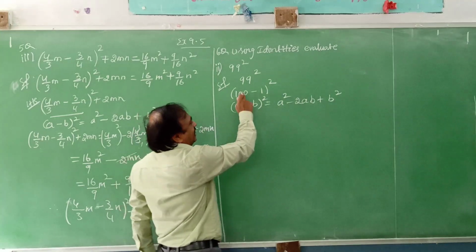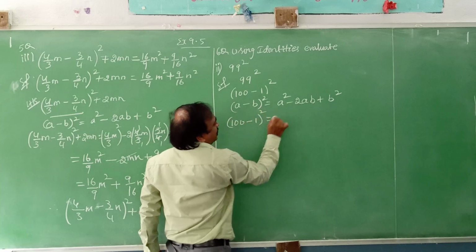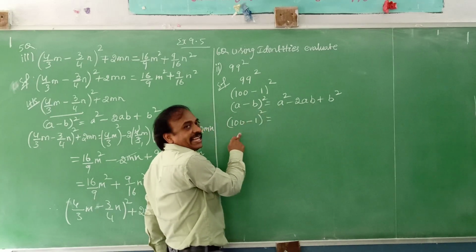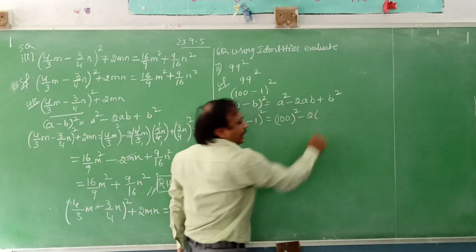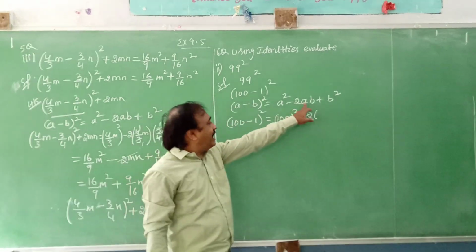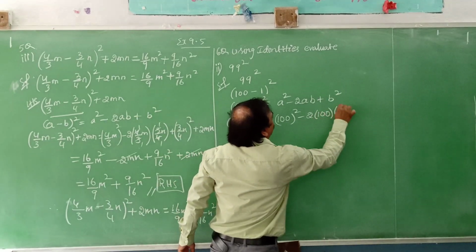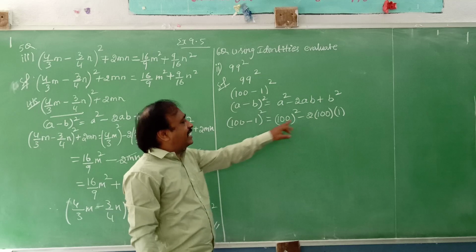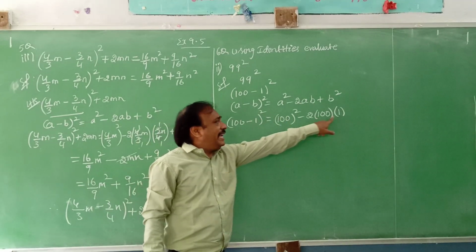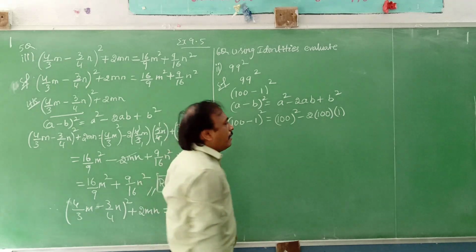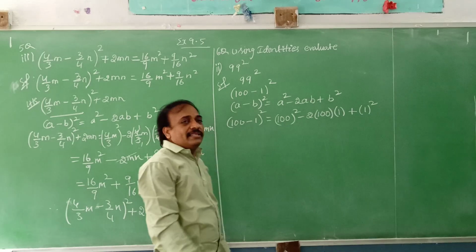What is the value of a? 100. So (100 minus 1) whole square is equal to, in place of a we write 100, so 100 square minus 2 into 100 into 1, since b is 1. Minus is already there in the formula. So a square minus 2ab plus b square, where a is 100, b is 1, and b square is 1 square.